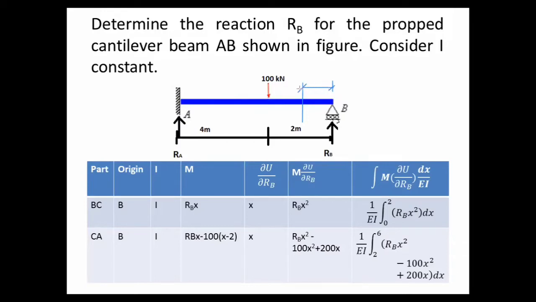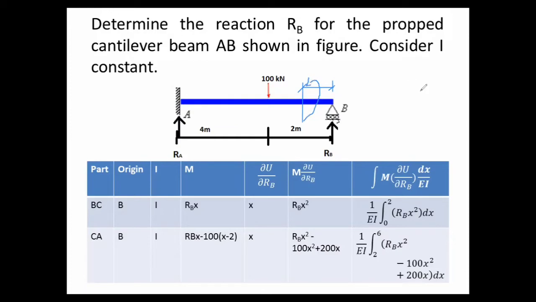I have considered the right hand side of the section, and for this section I am going to calculate the moment because of external or internal load. So how much is that? RB into x. Now this RB into x moment is anti-clockwise on the right hand side of the section.